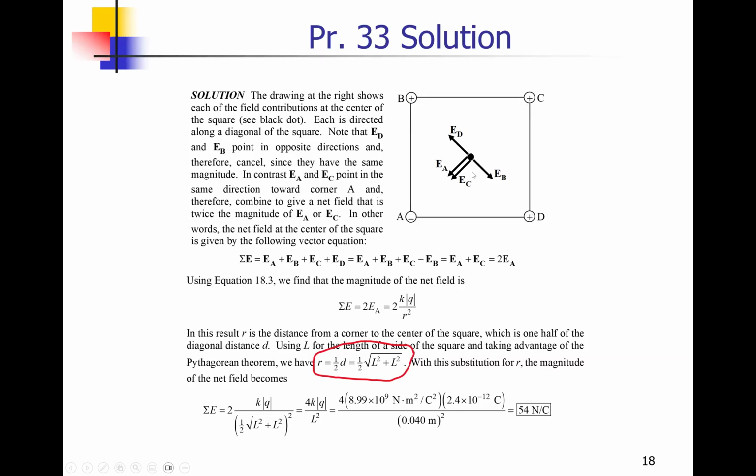And also what you need is to get the direction of the electric field. For this point in the middle, let's start with A, okay? For A, the electric field goes into the charge. So you can see this EA is like this, going into the charge.